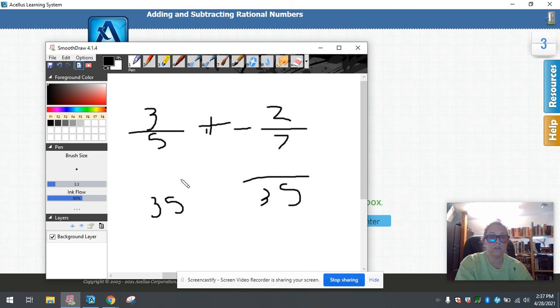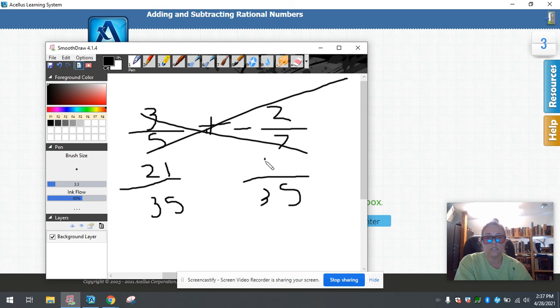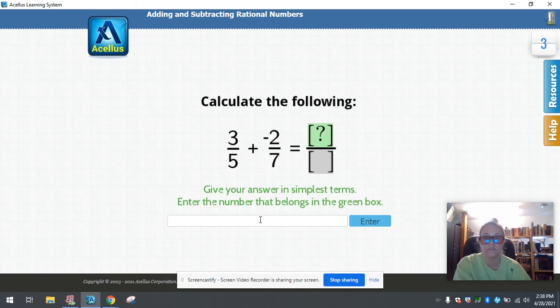Then we cross multiply. 7 times 3 is 21. 5 times 2 is 10. Adding a negative is the same as subtracting a positive. I'm just going to write my minus sign here. 21 minus 10 is 11. My denominator stays the same. So I get 11 out of 35. We can't reduce that.